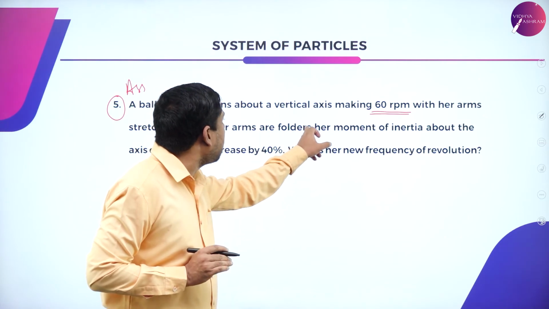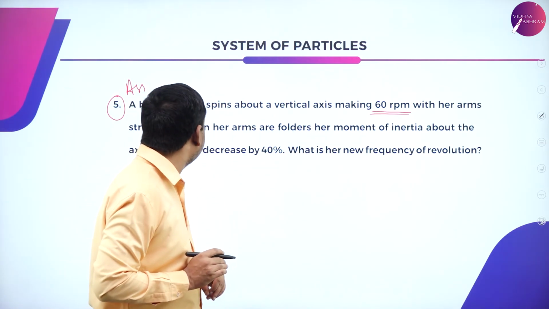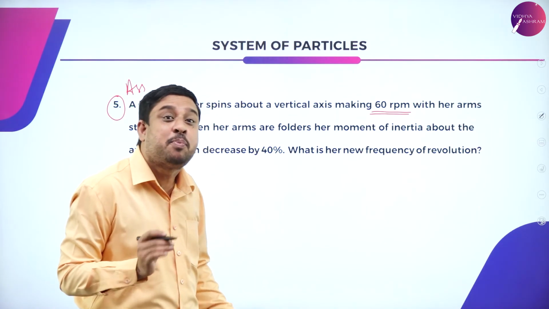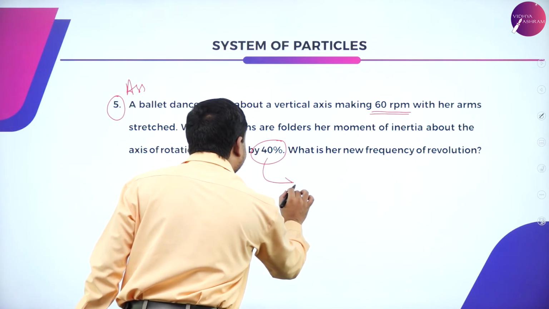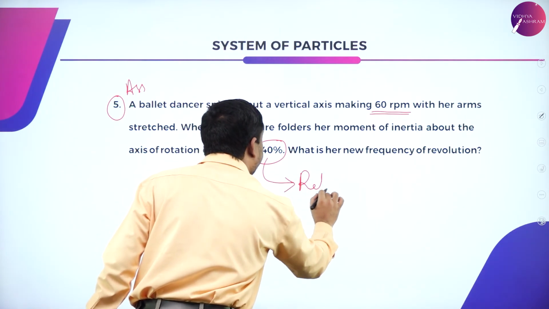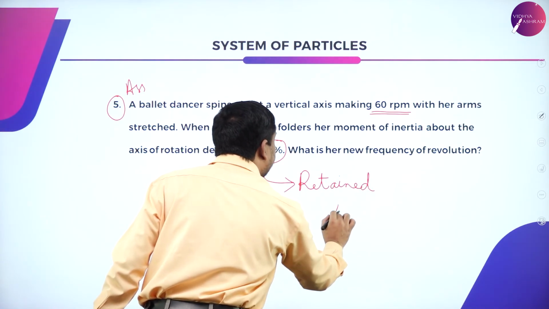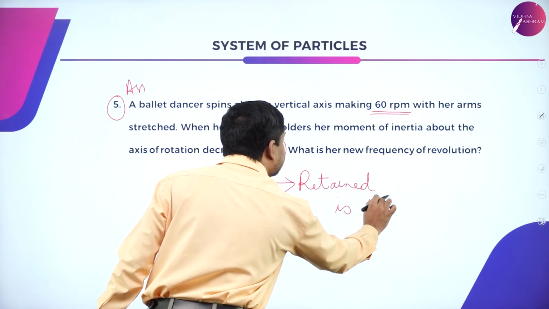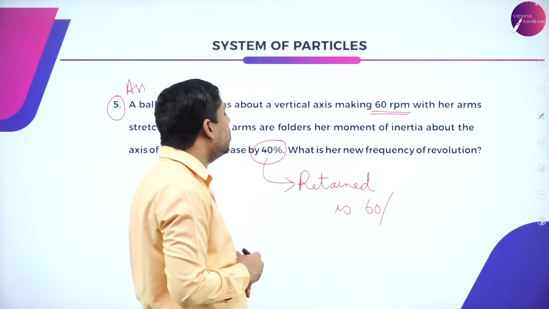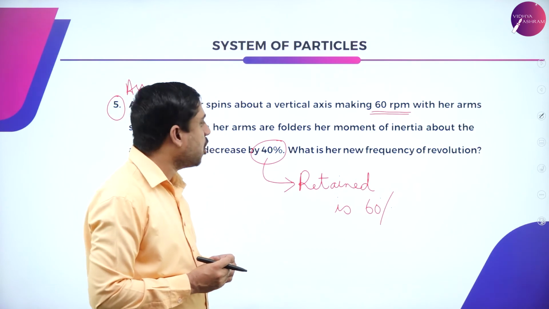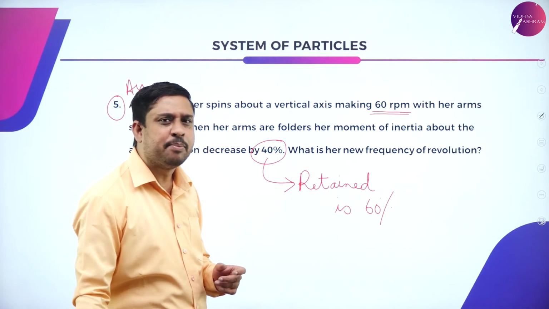When her arms are folded, her moment of inertia decreases by 40%. When it says decreases by 40%, the moment of inertia retained is 60%. What is the new frequency of revolution? It is very simple.